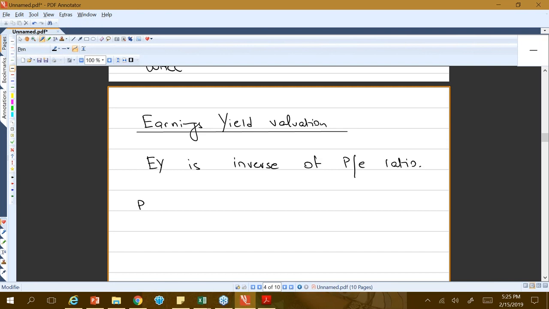So again, how do we find the PE ratio? Well, we find it as share price over EPS. And the earnings yield ratio is EPS over the share price.